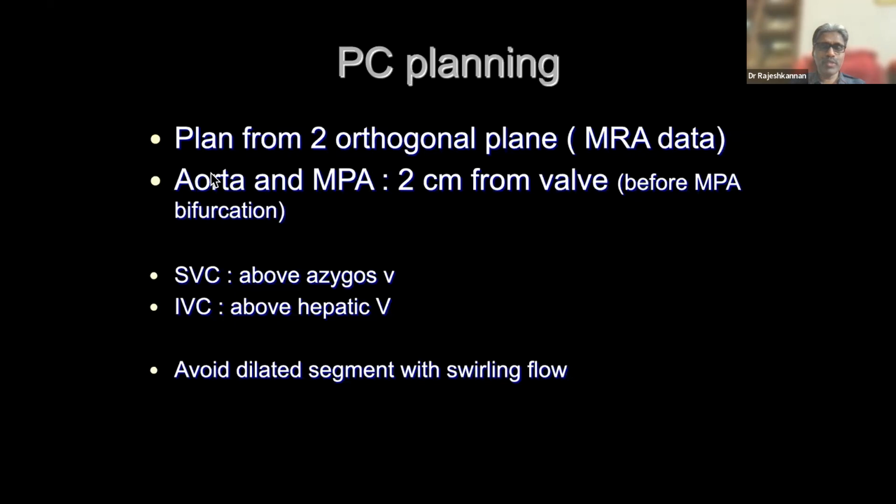For example, if you use two different LVOT views, you can take the aorta generally at the sinotubular junction, and the MPA between the pulmonary valve and the pulmonary bifurcation. For SVC, it's recommended to take it above the azygos vein. For the IVC, take it above the level of the hepatic vein insertion. But the important thing is to avoid any dilated segment which has a swirling flow. If you do a PC at that level, you are going to get erroneous results.